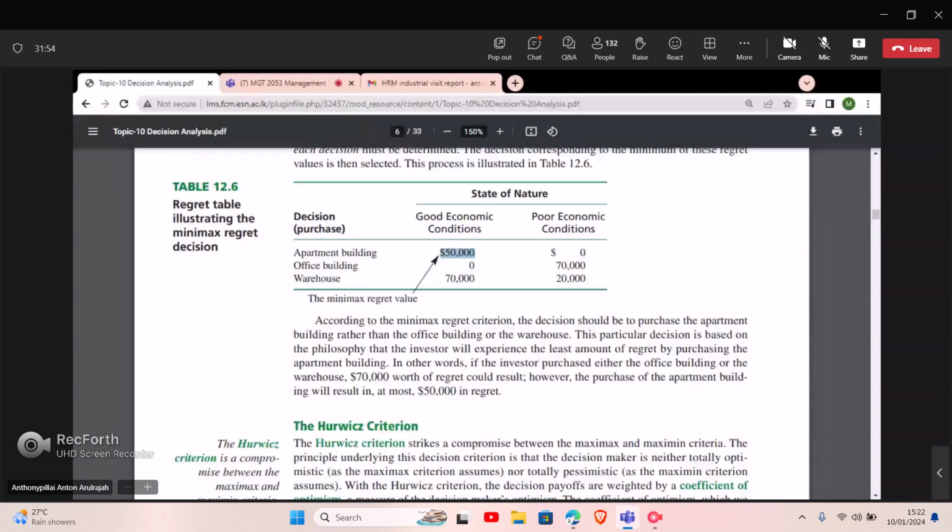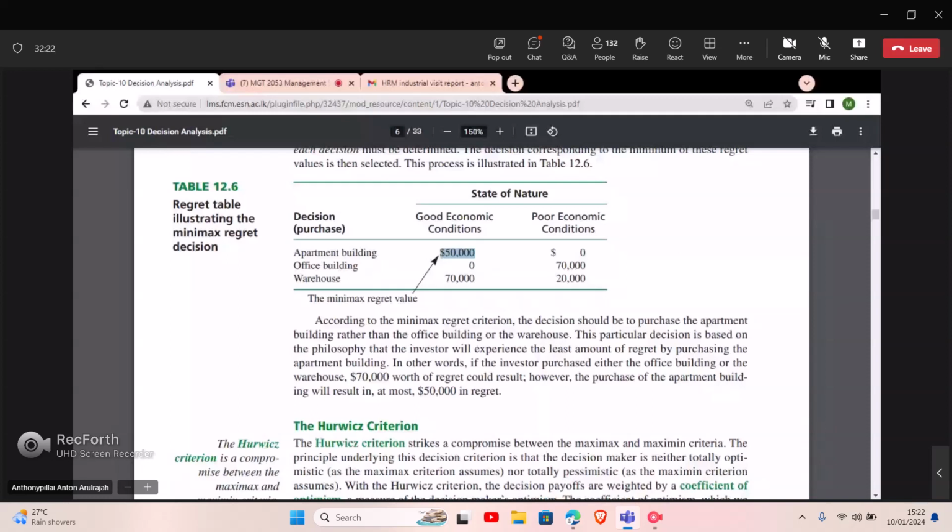First one is maximax. Second one is minimax. Third one is minimax regret.